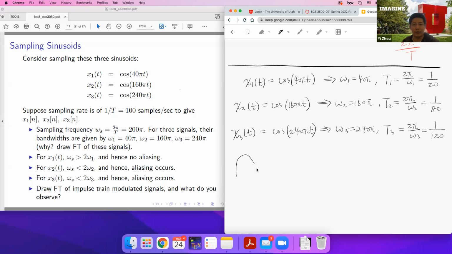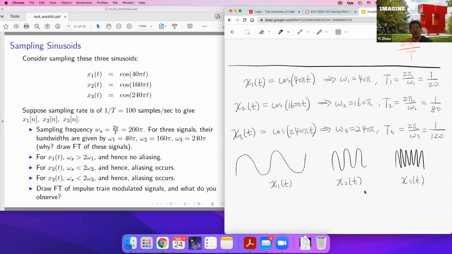So if this is x1, x2 is higher frequency, and x3 is higher still. This is an illustration of these three signals. But now we are sampling all three signals at the same sampling rate. The sampling rate 1 over T is 100.